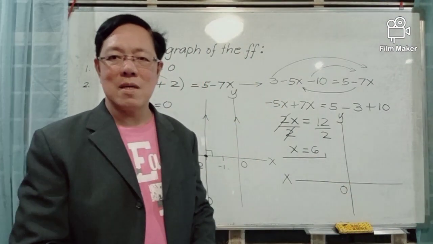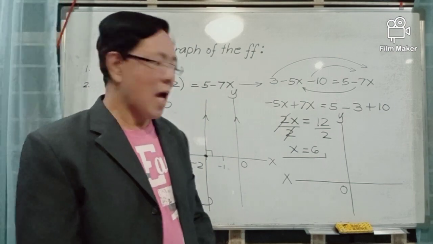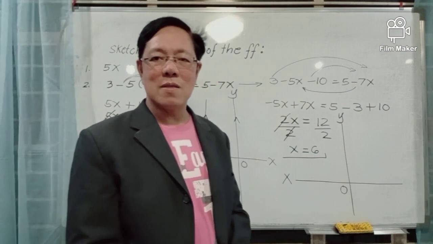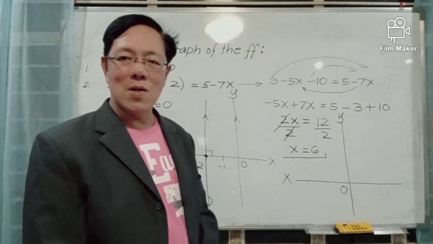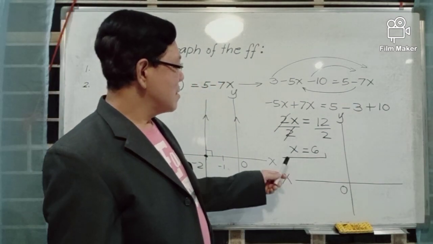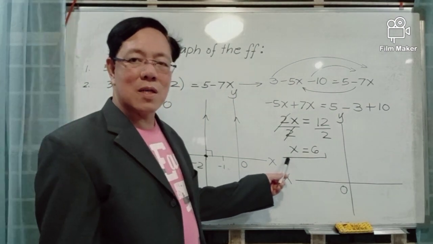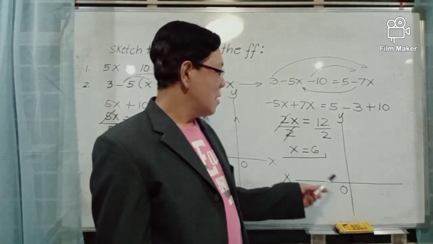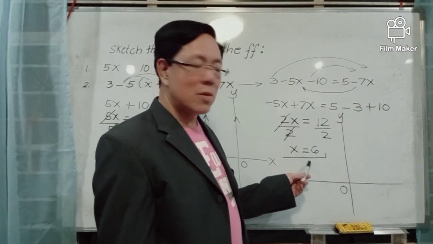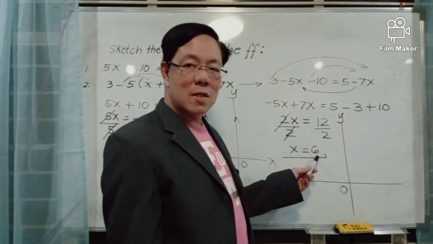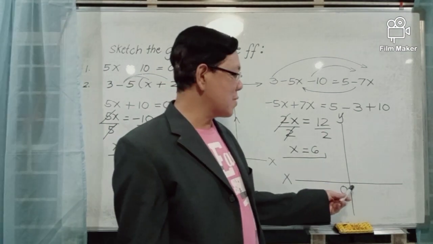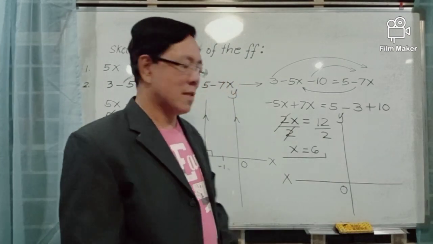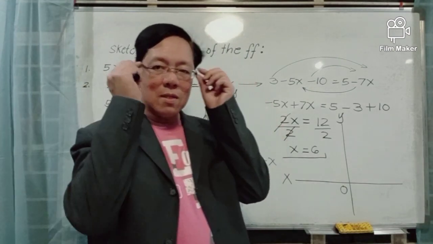Always label the axis with x and y, and label the intersection of the two axes with 0 or origin. To sketch the graph, you locate x equals 6 in the horizontal axis. And to locate this point, you count 6 units. Since it is positive, you count 6 units from the origin to the right, or to the positive x-axis.